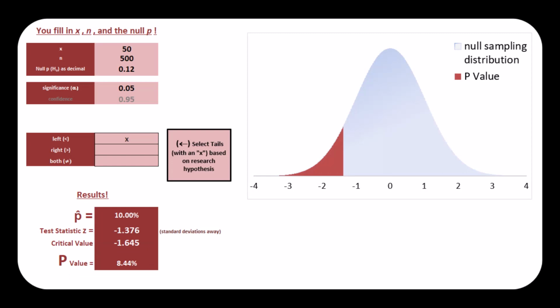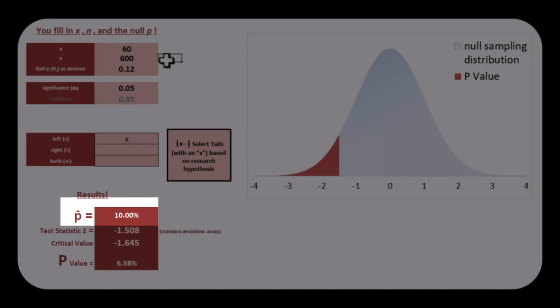Now, what happens, and this is definitely a what if, it's very much conditional on, what happens if we were to increase the sample size, say to 600, and then simultaneously get 60 people who have the flu? The reason I picked those numbers is that it still maintains a sample proportion of 10%.